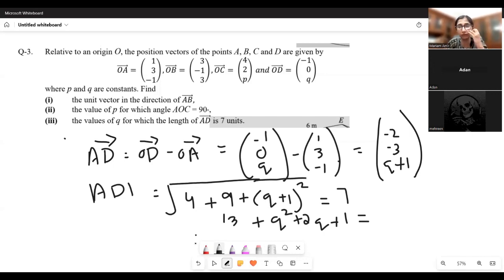So the square root on the left hand side gets cancelled and 7 squared becomes 49. So we have Q squared plus 2Q minus 13 plus 1 is 14, and 14 minus 49 is 35.